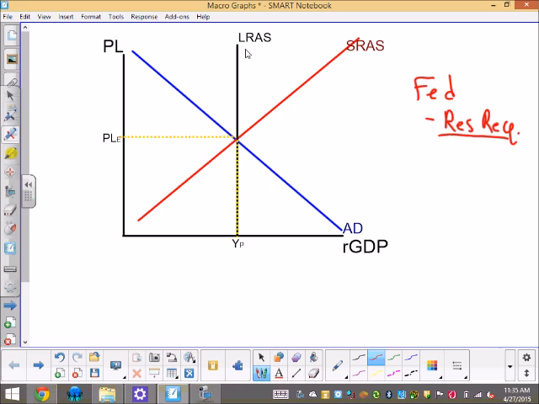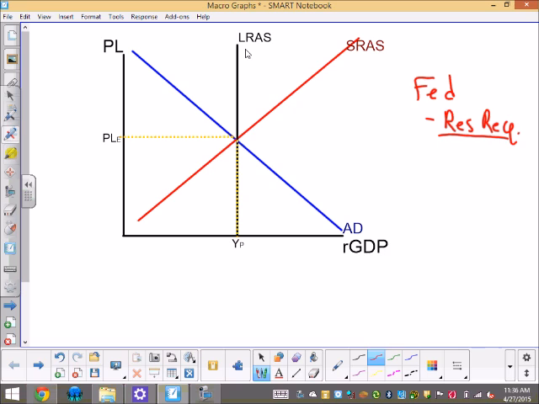Now, the problem with that is the required reserves a bank keeps also dictates its stability, which means a small reserve requirement would cause banks to be what? Less stable. And a large reserve requirement would make them more stable, but much less what's that? Profitable. They'd have less money to loan out. They'd have to hold on to too much.